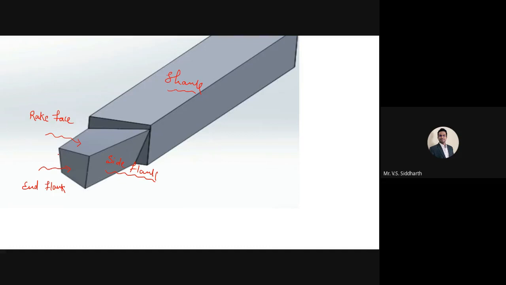Where the rake face meets the side flank, we will get one edge. And where the end flank meets the rake face, we will get another edge. One is the red edge, another one is the yellow edge.